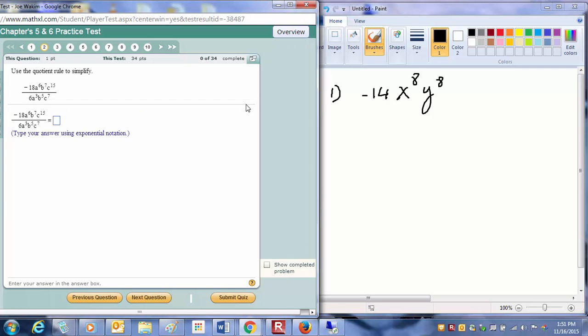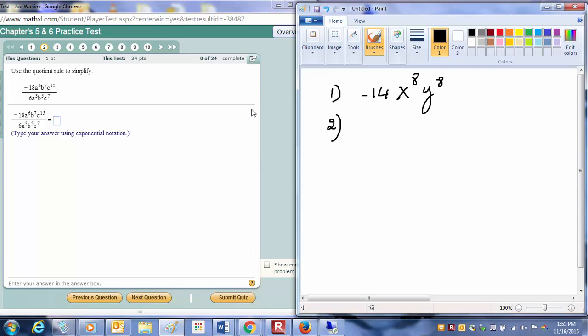Let's go to question number 2. On question number 2, we need to divide using the quotient rule, and that means we have to subtract the numerator minus denominator. So negative divided by positive is negative. 18 divided by 6 is 3. a to the power 6 divided by a to the power 3, we need to subtract. 6 minus 3 is 3. b to the power 7 divided by b to the power 5, subtract. 7 minus 5 is 2.